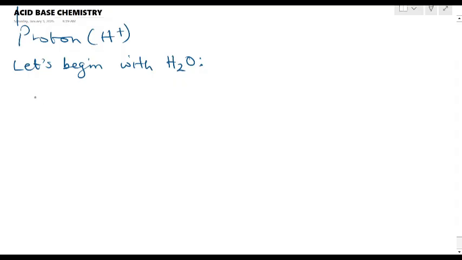So when you have water going into aqueous solution, it dissociates a little bit into the proton, which is freely floating around in solution, and the hydroxide group, which is also freely floating around in aqueous solution.